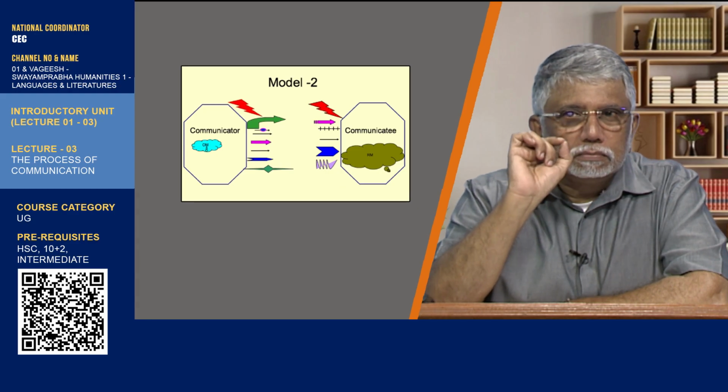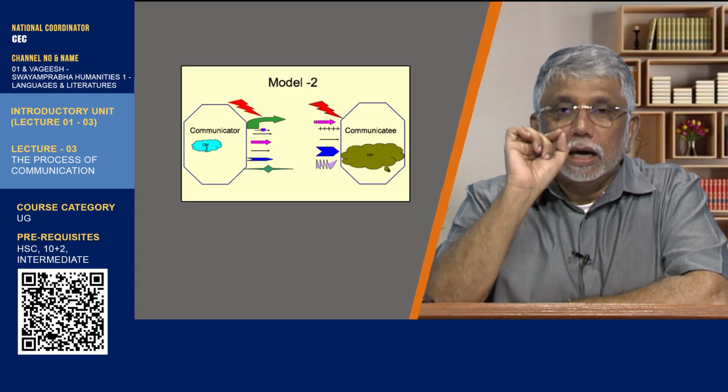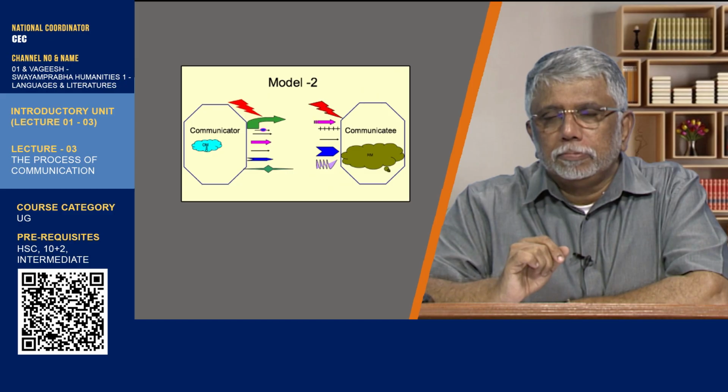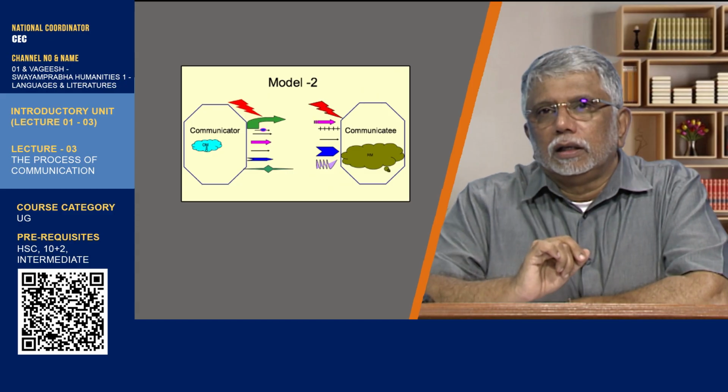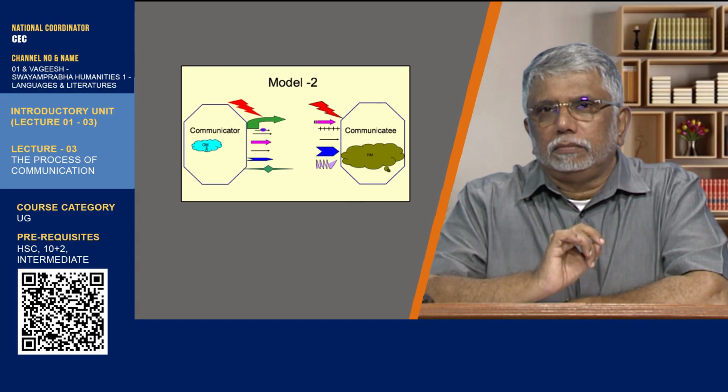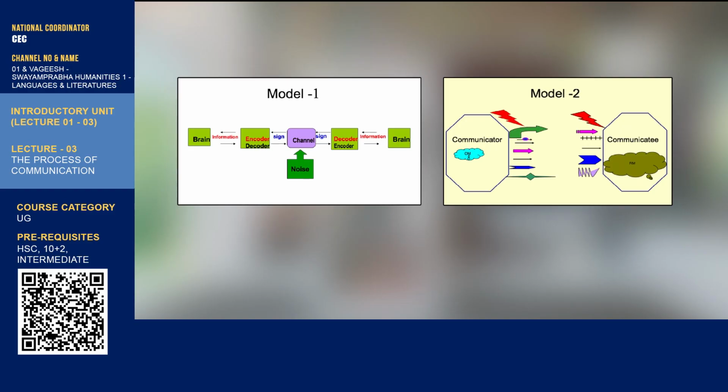There are some changes, variations. Before I start talking about it, I would like to mention that in this particular diagram, there is always a channel and there is always noise, right. So far, this looks very much like the earlier model in terms of elements and in terms of the process.